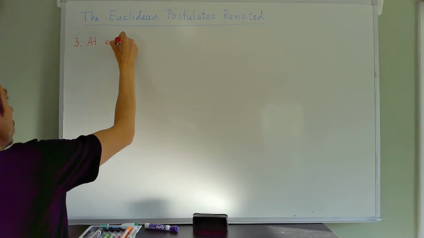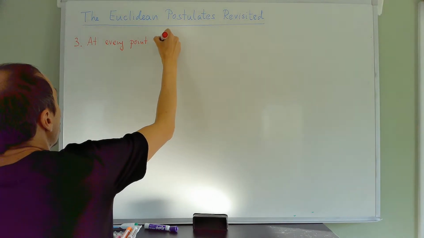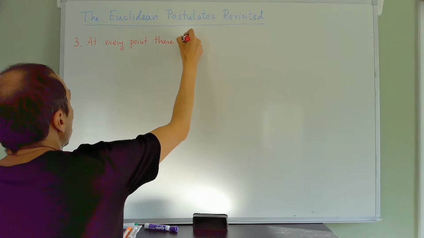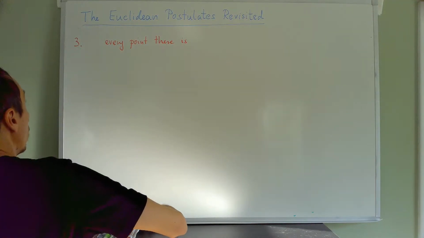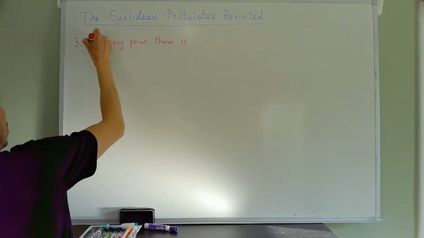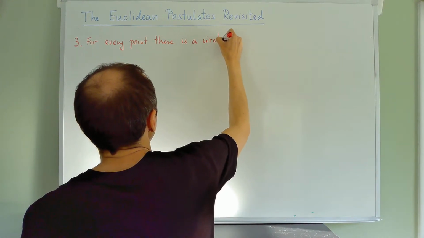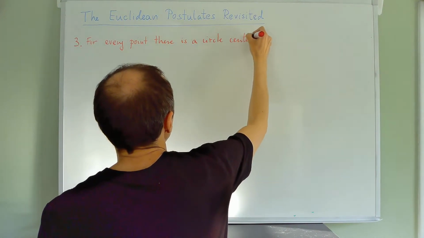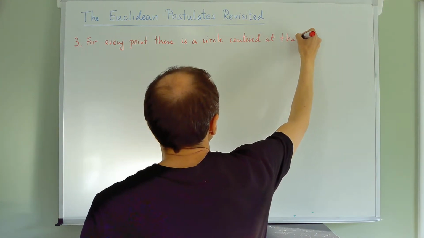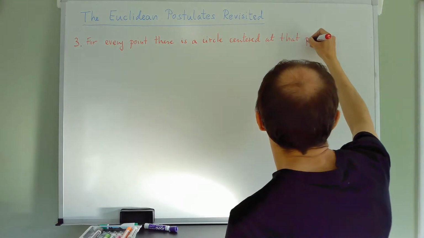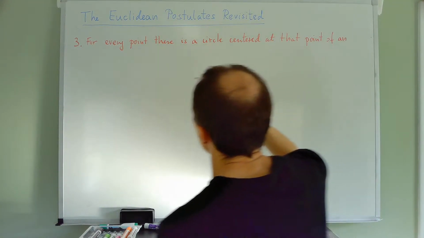At every point, so for every point, there is a circle centered at that point of an arbitrary radius.